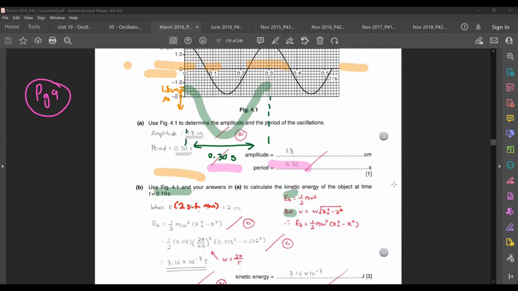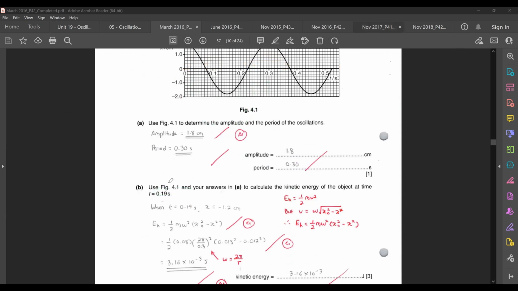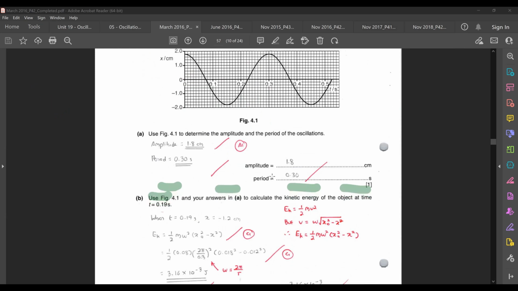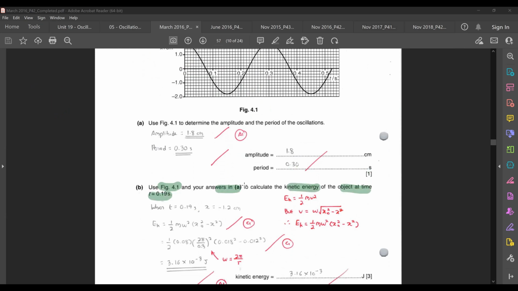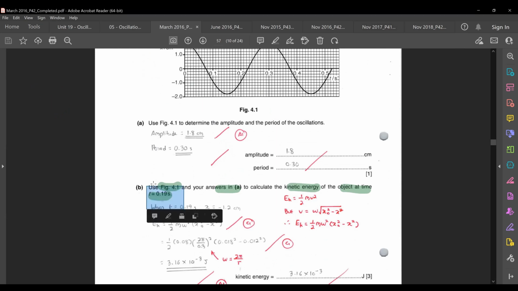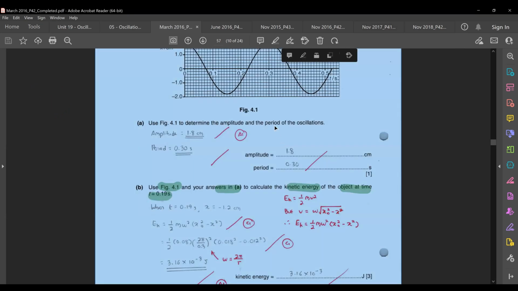So last part here, use your figure and your answers that you have just found in A to calculate the kinetic energy of the object at time t equals 0.19 seconds. Here, they're not asking you to find maximum kinetic energy or anything like that. They're just asking you to find kinetic energy at a particular point, specifically at t equals 0.19 seconds.